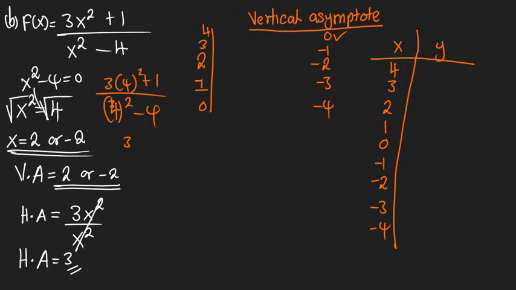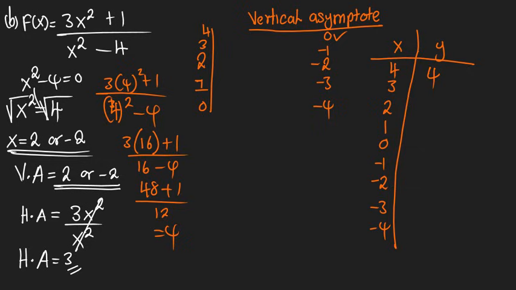Then this is going to be 3, then 16 plus 1 over 16 minus 4. So this is going to be like 3 multiplied by 16, 48, plus 1 over 12. So 48 plus 1, it's 49, divided by 12, it's 4. So if I put 4 there, I'm going to get a 4.